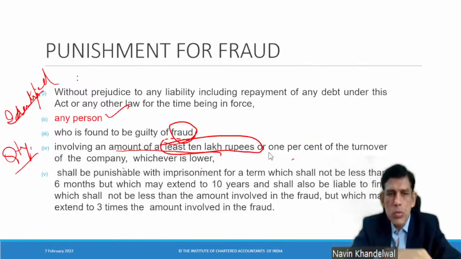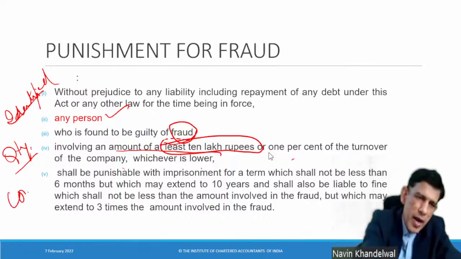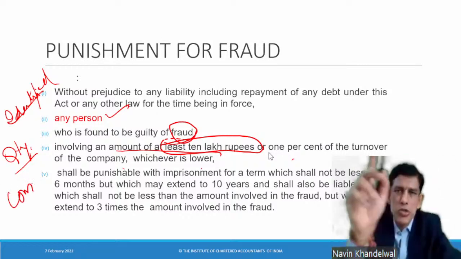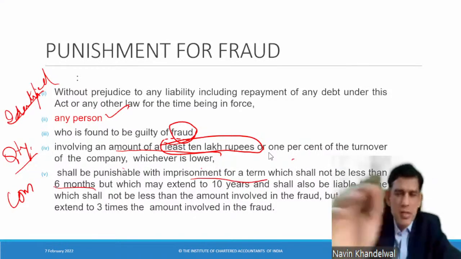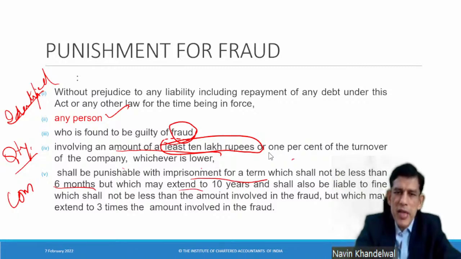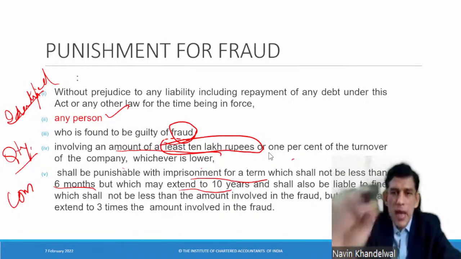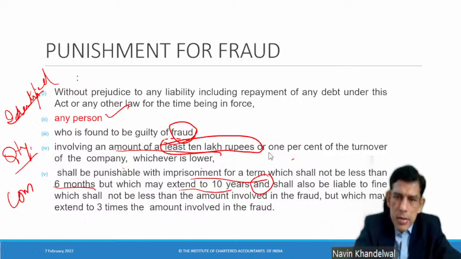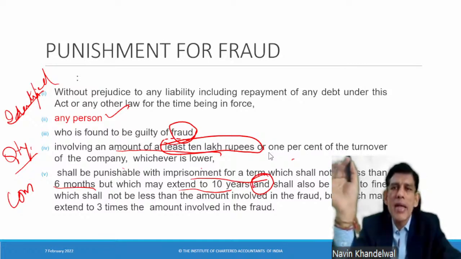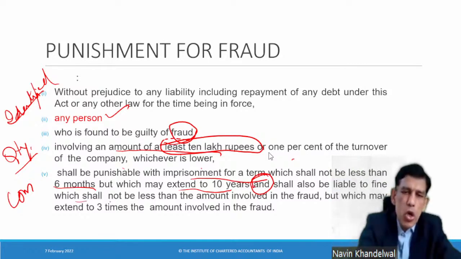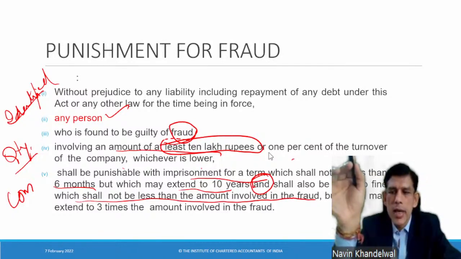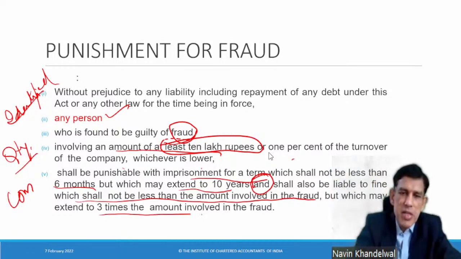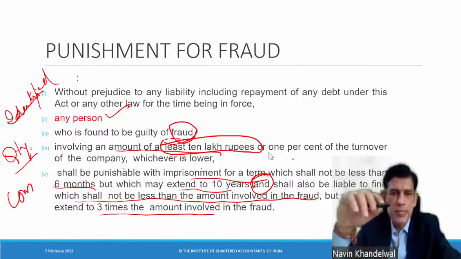Then, what is the consequence? Identification, quantification, and the consequence. Imprisonment, which shall not be less than 6 months, minimum 6 months, and which may extend to 10 years. And shall be liable to fine, which shall not be less than the amount involved in the fraud, but which may extend to 3 times the amount involved in the fraud.